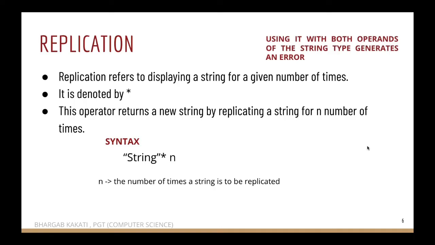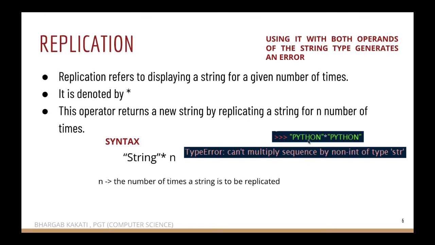A word of caution should be kept in mind here: using it with both operands of the string type generates an error. If we try to give both operands as strings, for example Python into Python, it will give me an error that it cannot multiply sequence by non-int of type string.